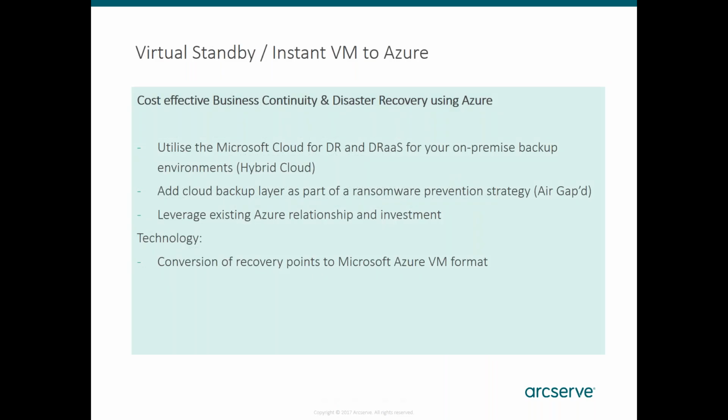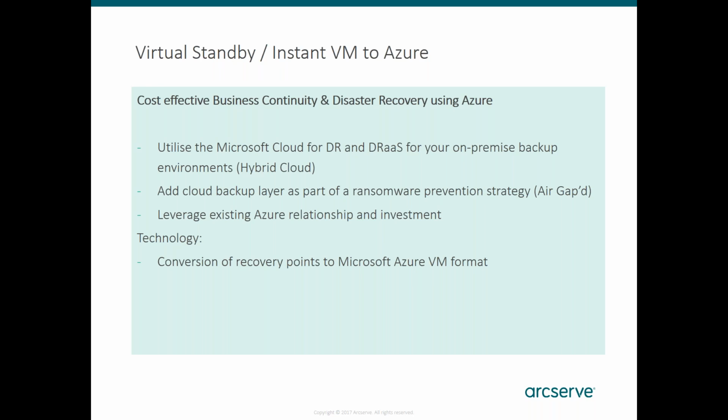So just to summarize, virtual standby and instant VM to Azure allows cost-effective business continuity and disaster recovery for Azure customers. This is really a no-brainer if you're a company that already has invested in the Microsoft cloud. You will have people who are familiar with provisioning and creating virtual machines in the cloud.